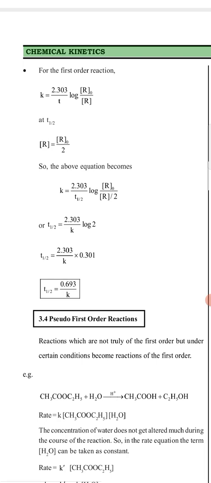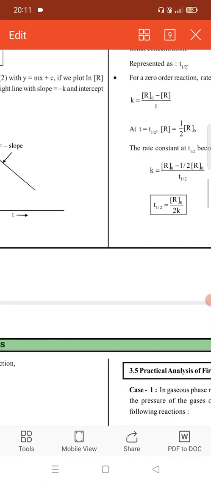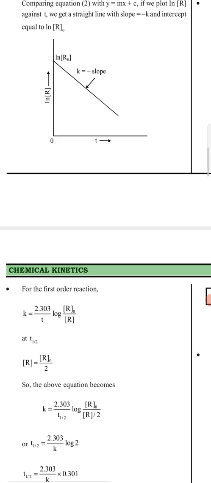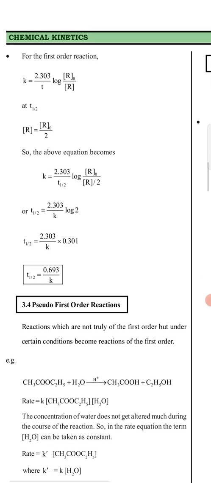So the above expression becomes t half equals 2.303 by k log 2, or we can write t half equals 0.693 by k. This is the half-life period for the first order reaction. So for the zero order reaction we have R0 by 2k, and for the first order reaction we have 0.693 by k.